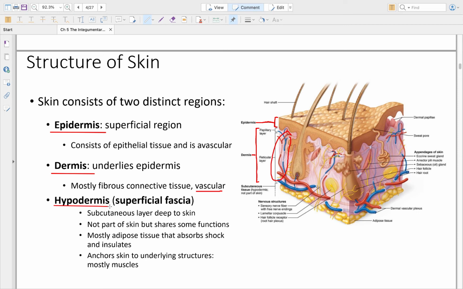The hypodermis is filled with important things like adipose tissue. It's there to absorb shock and insulate. It helps insulate your body and keep heat. It also anchors your skin to underlying structures, mostly muscle.